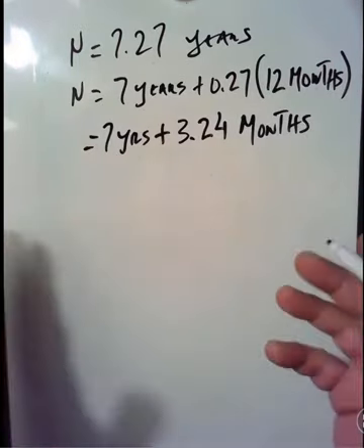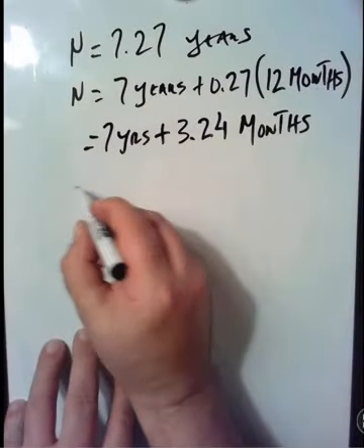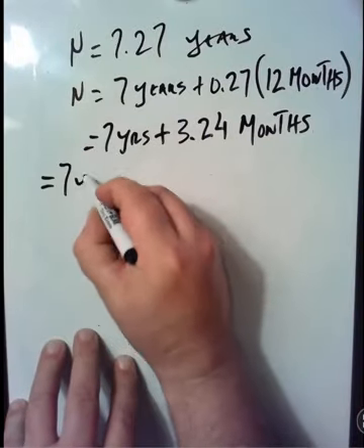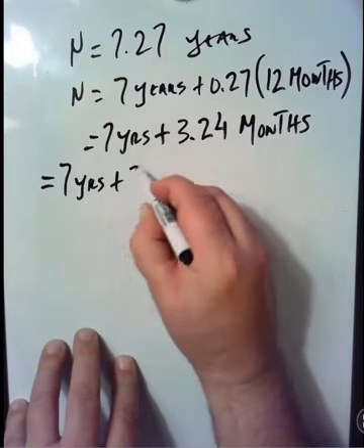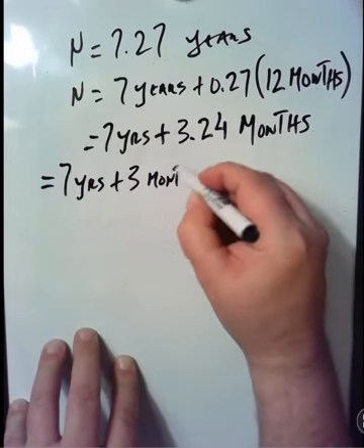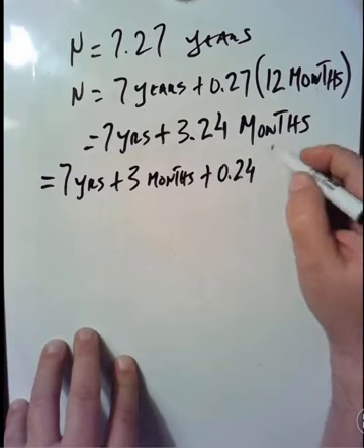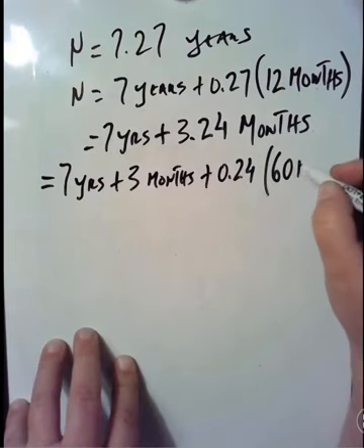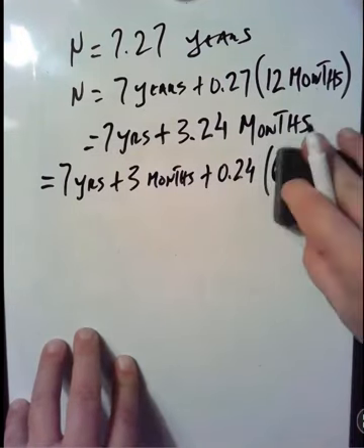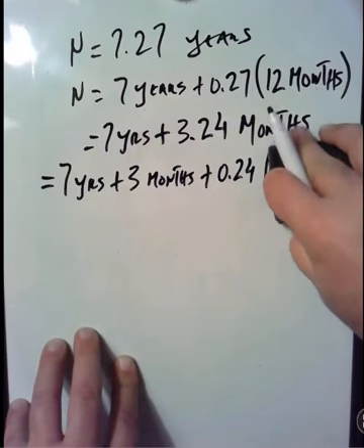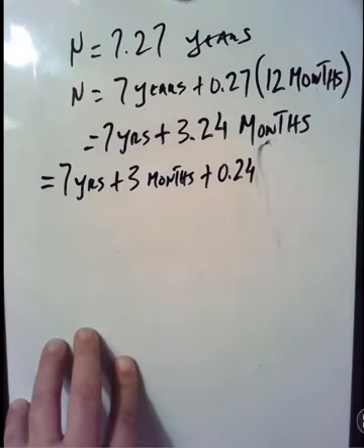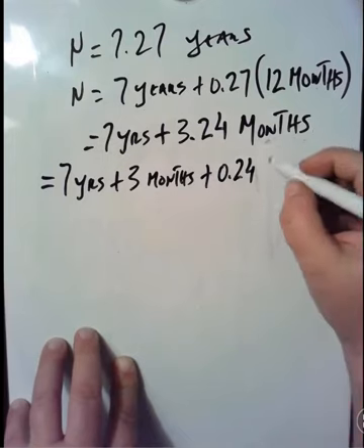And you can go into further detail. So far we realize this is 7 years plus 3 months plus 0.24% of how many days there are in a month.